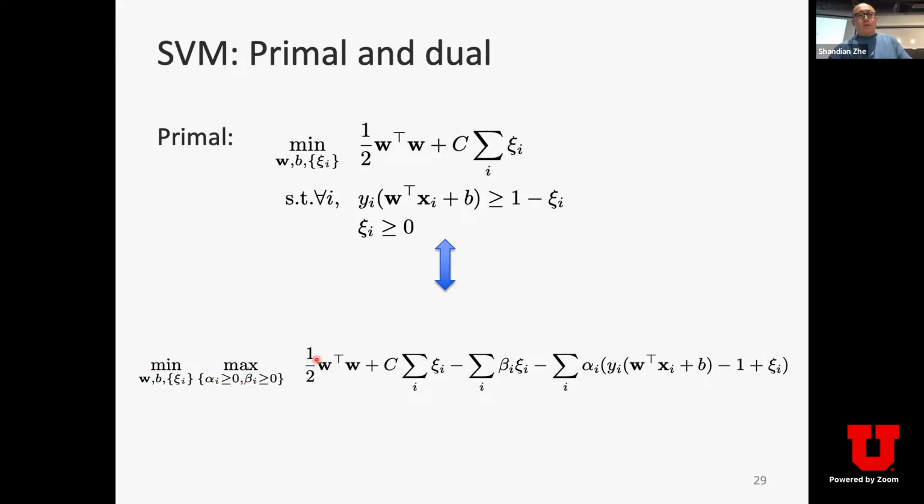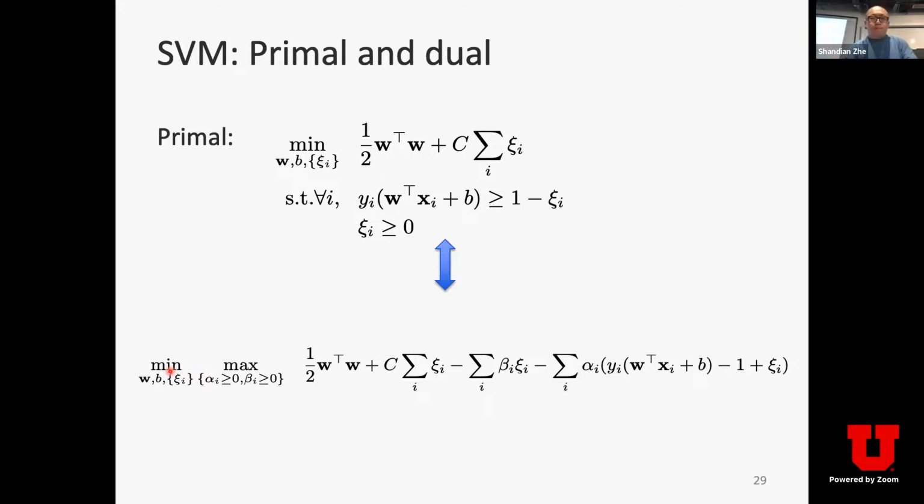In the outer level, we minimize the Lagrange function with respect to the model parameters, which include the weight vector, the bias parameter, and the slack variables. Okay. This is just a standard application of the minimax representation we just discussed. Okay. So any questions so far?